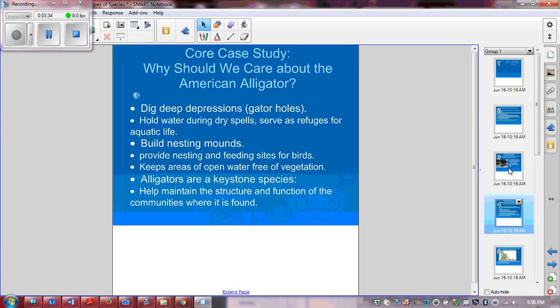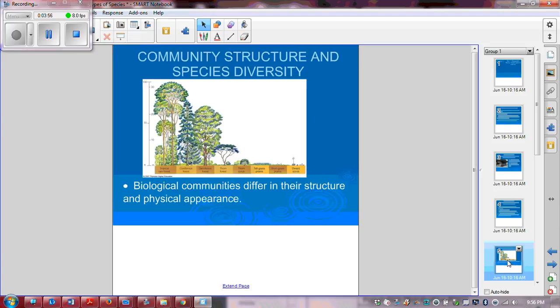So they provided habitat for other organisms as well. Through their swimming, because they're rather large critters, they would tear up the vegetation, and that's why it would keep those waterways open and free, which makes them a keystone species. And we'll talk a little bit about what it means to be a keystone species here in just a second.